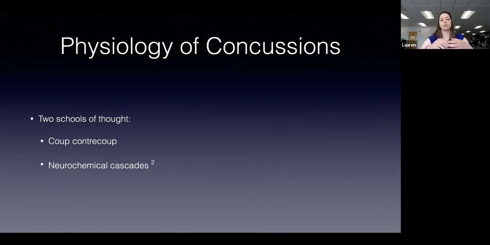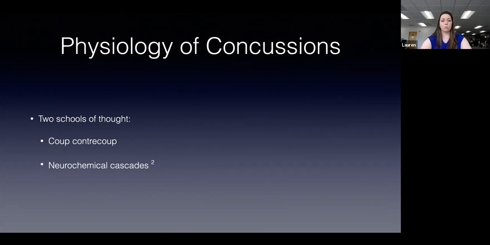The contra coup is that rebound, usually on the opposite side. And again, this is what most students are still taught in school, but there's also a neurochemical cascade component too, which is what a lot of the research is supporting more of right now.